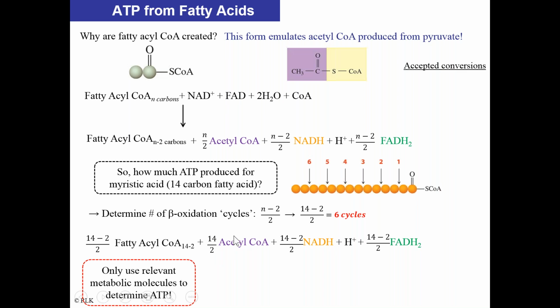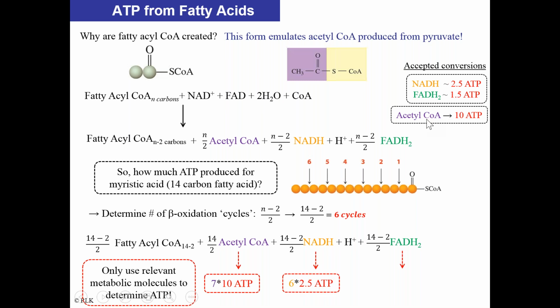But you only use relevant metabolic molecules to determine the ATP. When I say that again, that's what I mean. Only take the acetyl-CoA, the NADH, and the FADH2, because that is what we have currency for in terms of ATP units. You'll use these accepted conversions, and you'll be able to identify what you got. So look, did I even touch anything with the H+? No, I didn't, because it doesn't have ATP units.